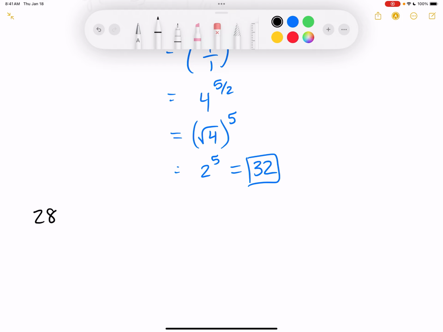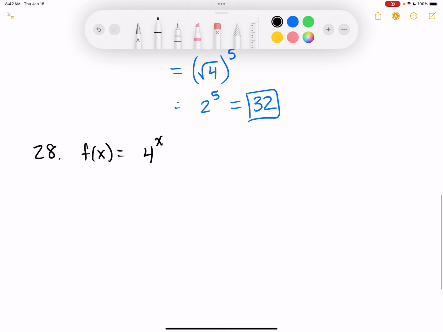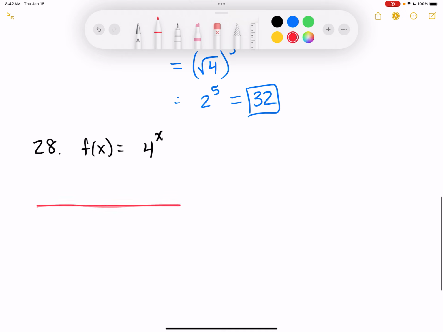28. F of x is equal to 4 raised to the x. I like to make a little table, and I pick 3 points usually to do it. So I'm going to do basically an XY table.